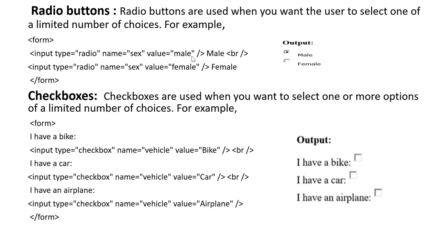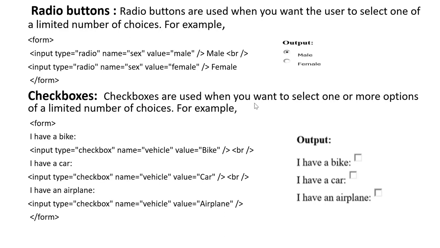Input type radio, name sex, value female, and this is female. In the case of radio buttons, you have to use the same name, sex, in both inputs. You have to notice that about the name.